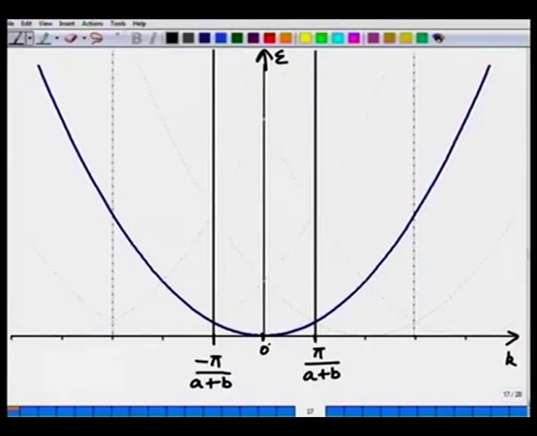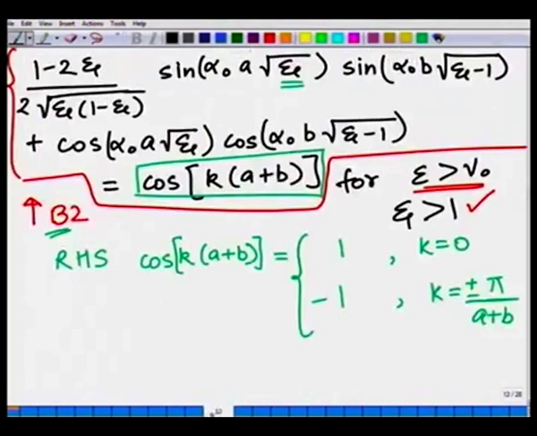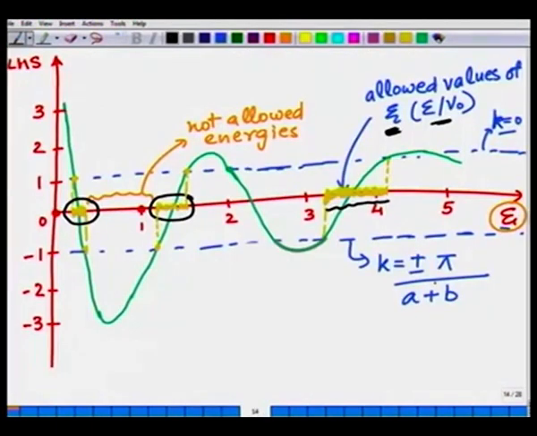Remember, I had shown you that at plus and minus pi by a plus b, right here, the left hand side will go out of the range of -1, and hence those will be disallowed values of energies.